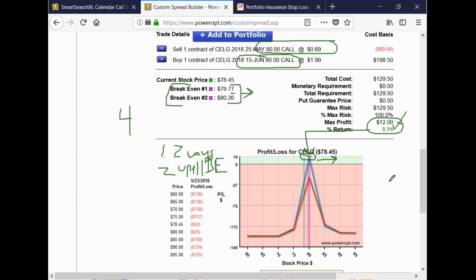I cannot pinpoint on a consistent basis, and by consistent I mean 65 to 70% of the time, when a stock's going to be trading within plus or minus 0.3 or 0.5% of a specific strike price. Really, I don't want it to be trading more than 20 cents above or below the strike price in the next 5 or 14 days.